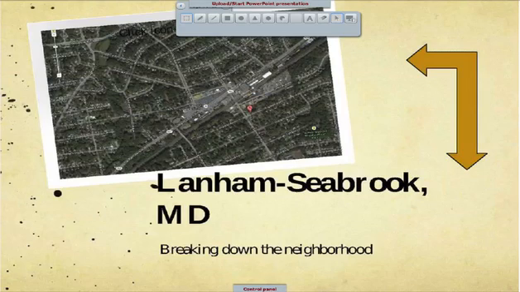We already spoke a little bit about how we chose this neighborhood, so I'm not going to spend any real time talking about that. But I do want you guys to really understand the different elements and considerations that have gone into us working in the Lanham Seabrook, Maryland area for this particular marketing campaign.